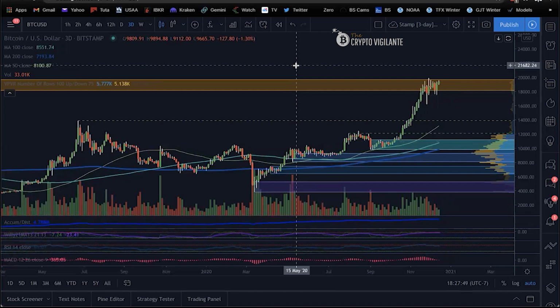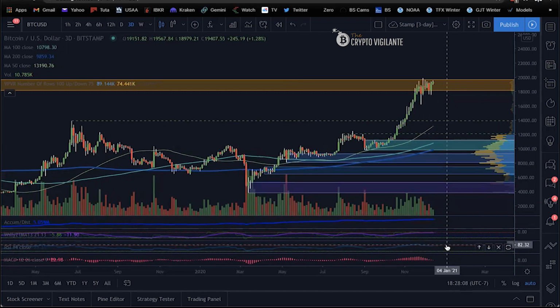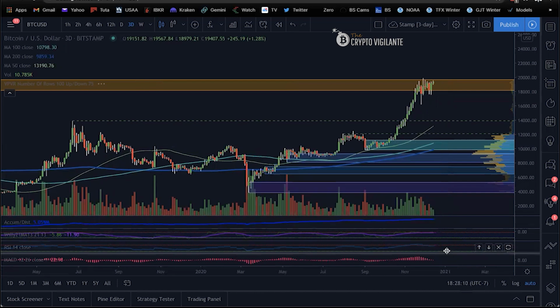You can find the Willie on TradingView, CoinGlass. I'm pretty sure you can find it anywhere on these charting platforms. And then let's see, we've got RSI, just a classic relative strength index reading. Overbought over 80, oversold under 20.